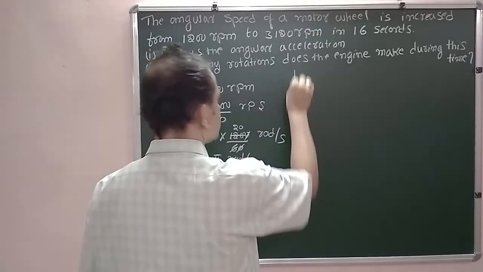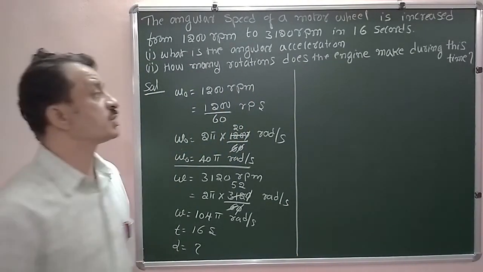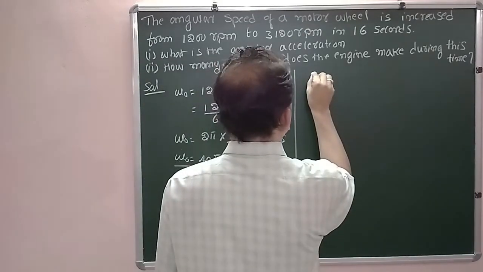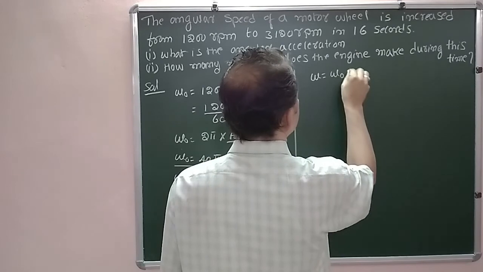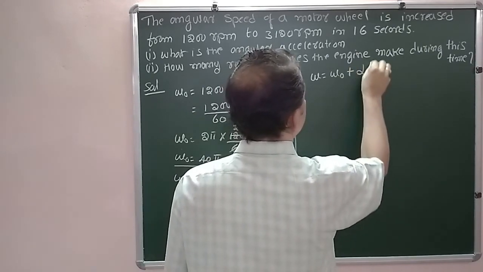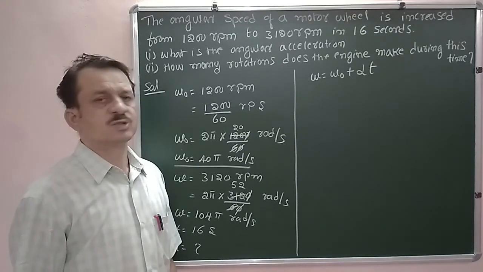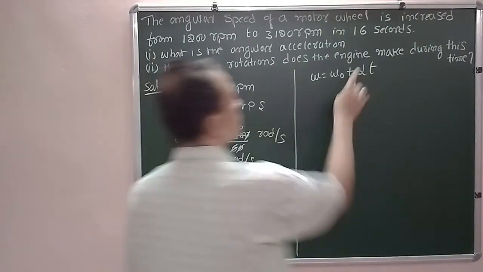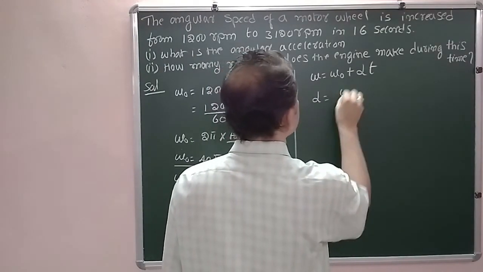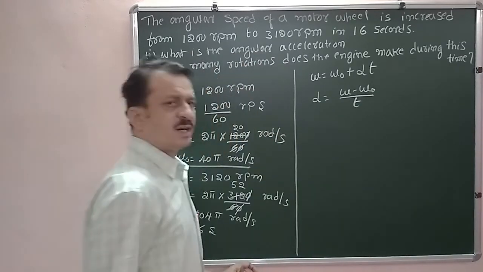For that we are using the first kinematic equation for rotational motion, that is final angular velocity is equal to initial angular velocity plus angular acceleration into t. That is omega is equal to omega naught plus alpha into t. From this, alpha is equal to omega minus omega naught divided by t.